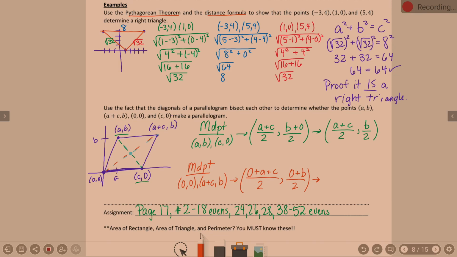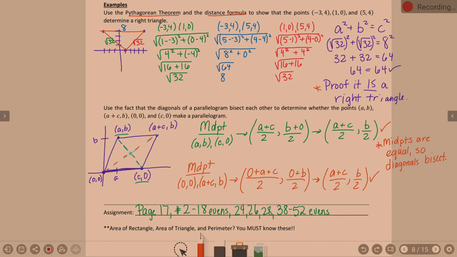No. So you end up with ((a plus c) divided by 2, b divided by 2). They match. We just determined that the midpoints are equal, so the diagonals bisect.